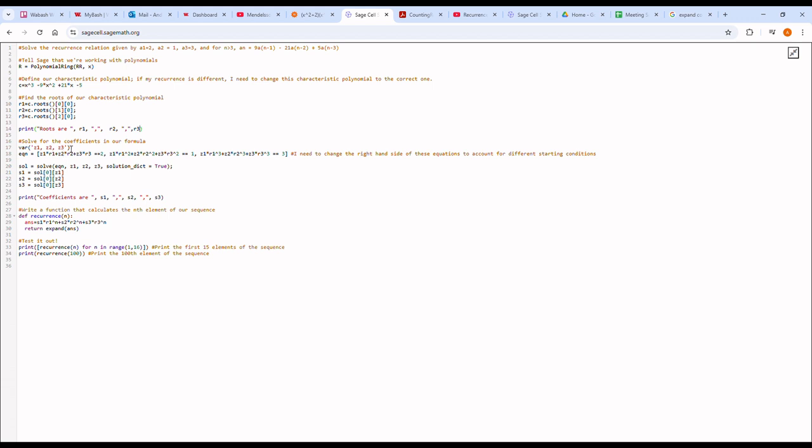You're going to need to add a variable. And probably the most time-consuming thing you'll have to do, and it's not even that bad, is you're going to have to go through each of these equations and add a fourth term, because it's going to be z1 times r1 plus z2 times r2 plus z3 times r3 plus z4 times r4. And you'll have to do something similar here, plus z4 times r4 squared, and then plus z4 times r4 cubed.